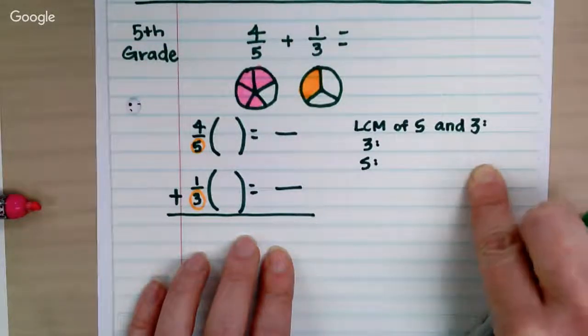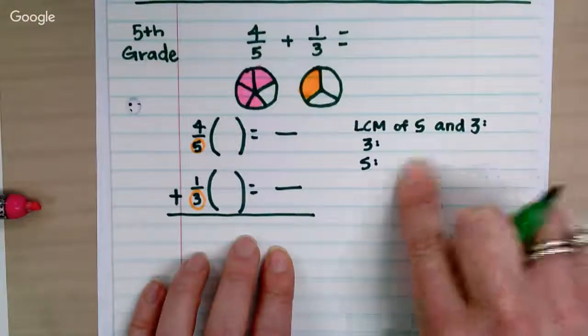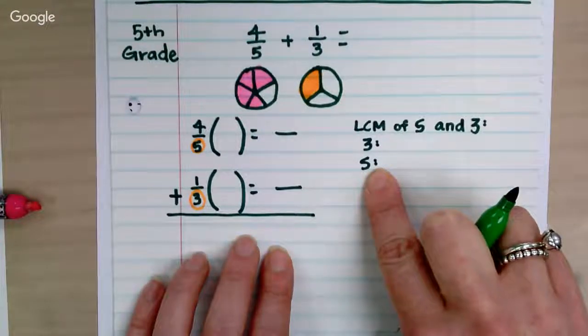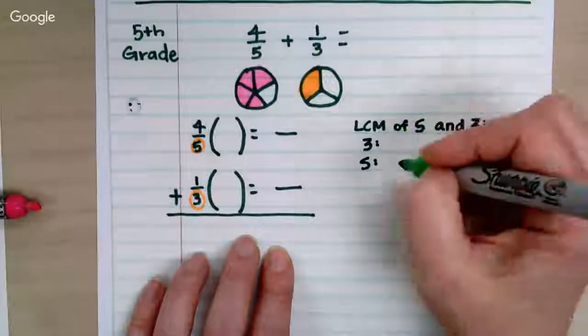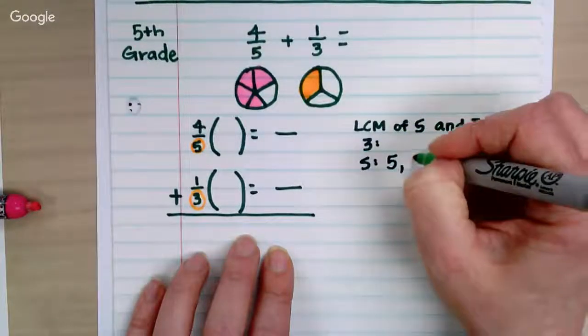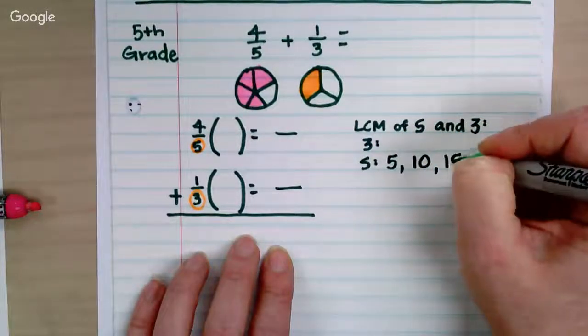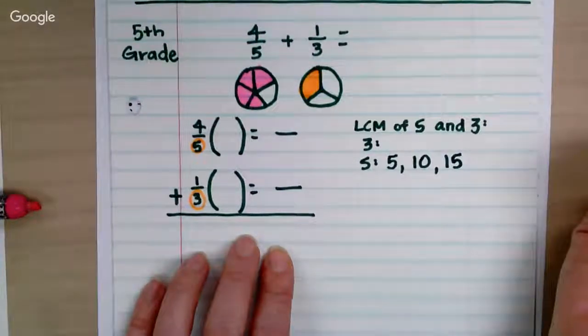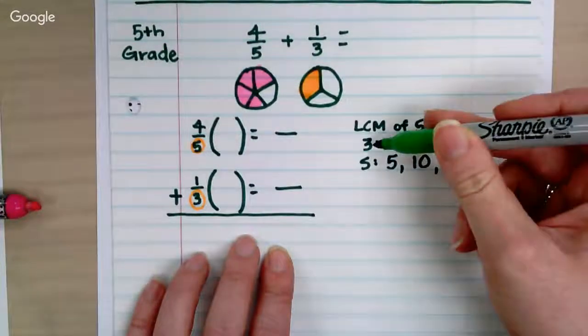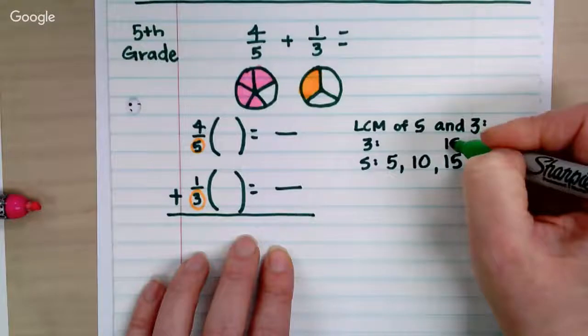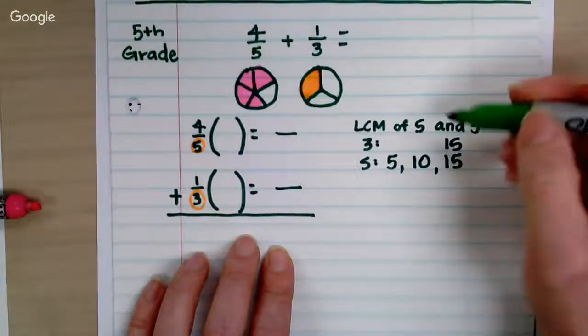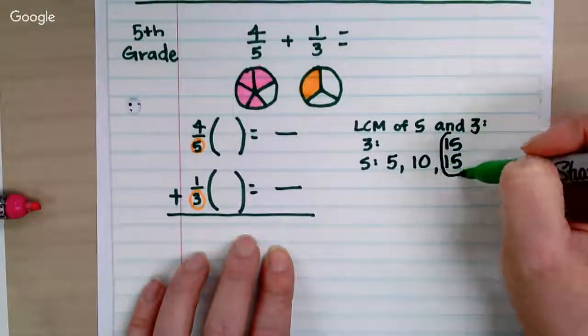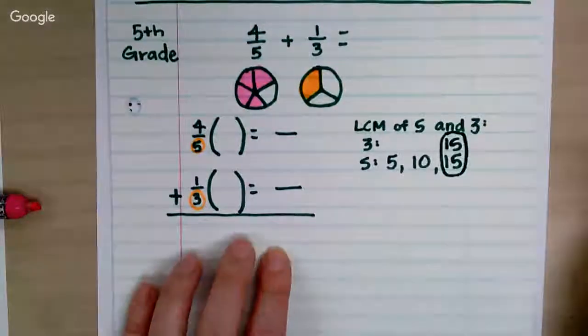Or in class, we've discussed an efficient strategy is just to start with the bigger number. The bigger number here, of course, is 5. And I can skip count by 5 until I meet a number that I know is also a multiple of 3. Well, sure enough, I know that 3 times 5 gives me 15. 15 is the first number that they share as a multiple. Therefore, 15 is my LCM.